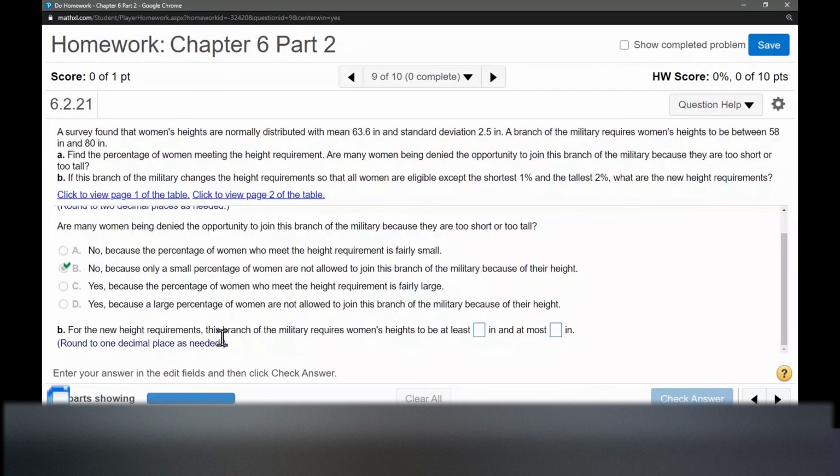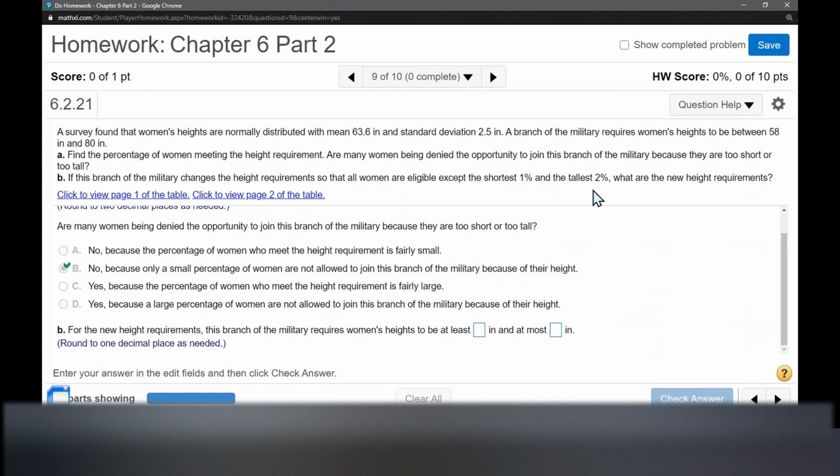For the new height requirements, oh, what's this? If the branch of the military changes the height requirements so that all women are eligible except the shortest 1% and the tallest 2%, what are the new height requirements?